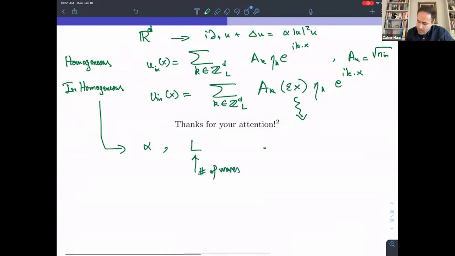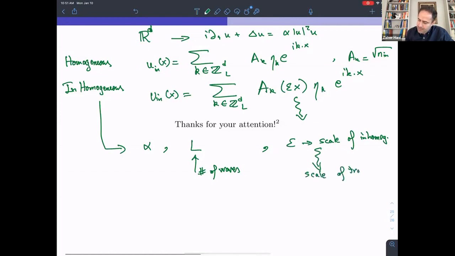And then you have epsilon, the scale of the inhomogeneity. Of course, the notion of scaling law in that setting gets a little more involved, because you now have three parameters. I could also tell you that the scale of the inhomogeneity gives you the scale of the transport.